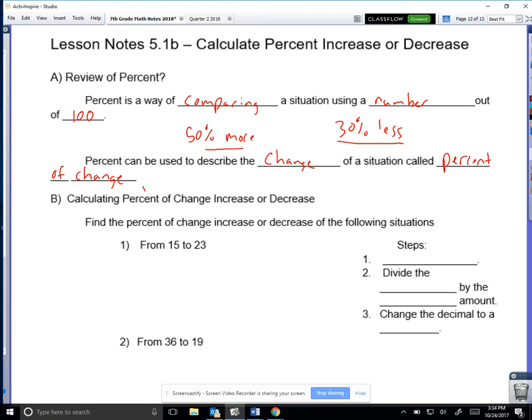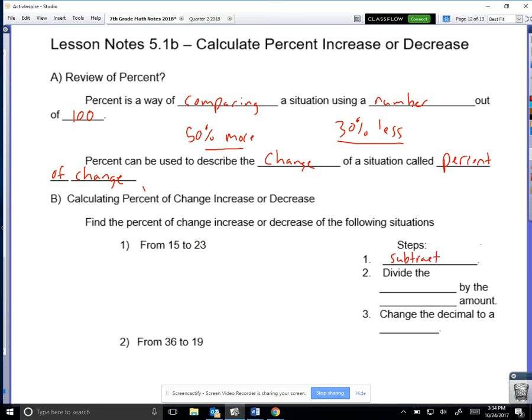So problem number one, we're going from 15 to 23. And we want to find out how much of a change that is, what percentage of a change that is to go from the number 15 to the number 23. Okay, so the first thing we got to do is step number one, we're going to subtract those two numbers.